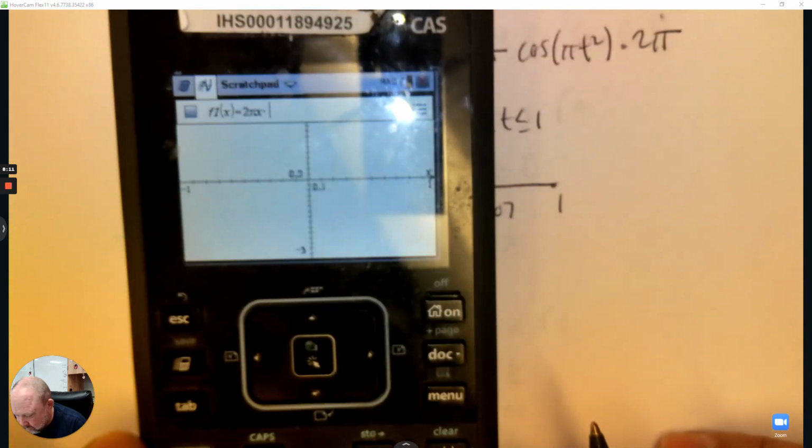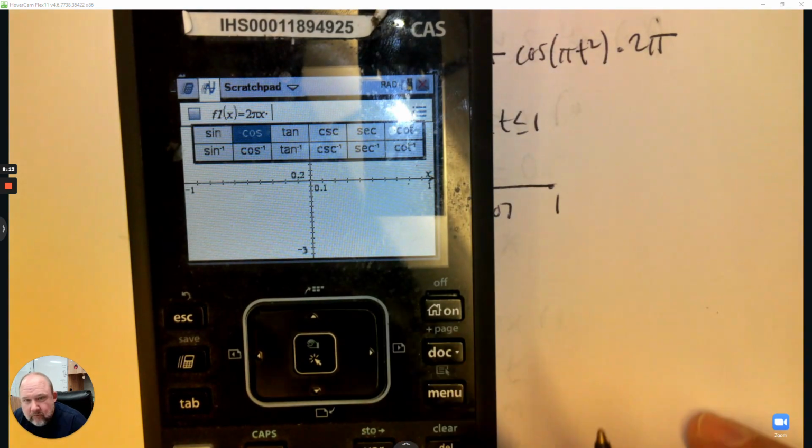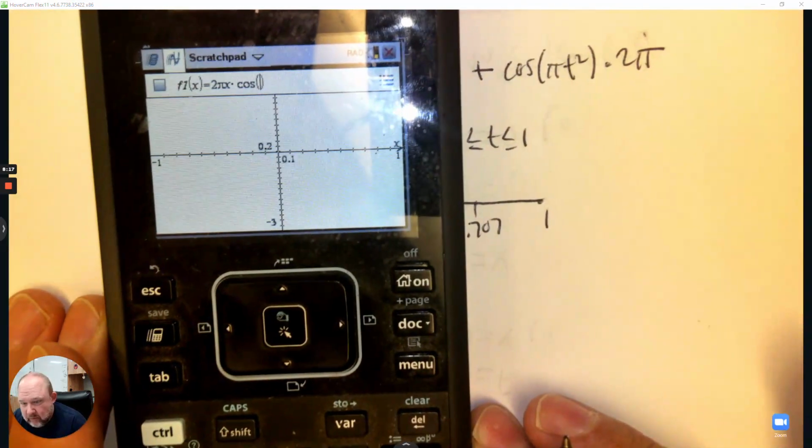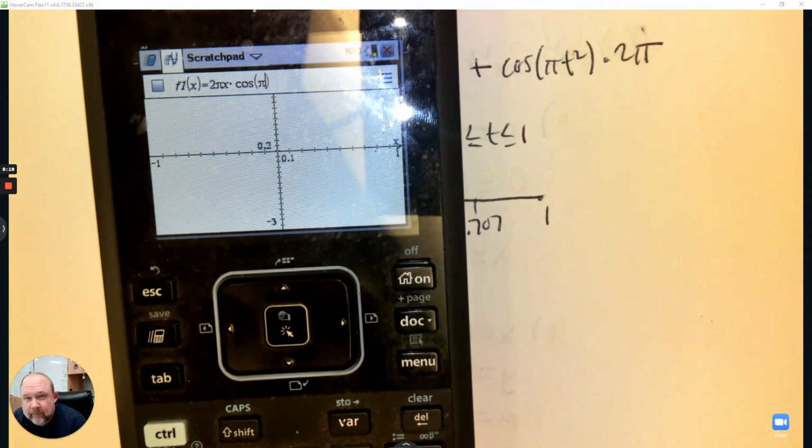So 2 pi x times cosine pi x squared. Let's hope this graphs.